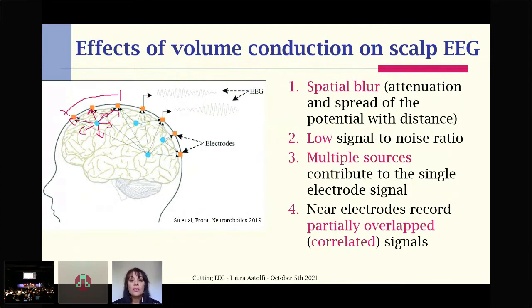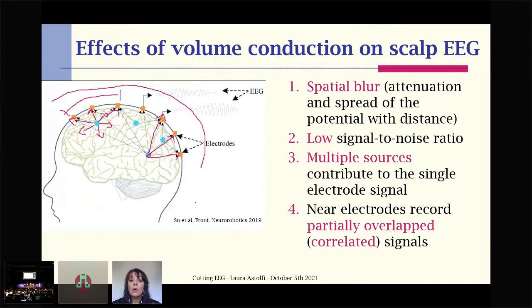This is true for cortical regions. It's even more true for deep regions, because for a deeper region, the effect of volume conduction is worse in some respects, and deep regions can affect larger parts of the scalp, or even all the scalp. So there's this effect of spatial blur.